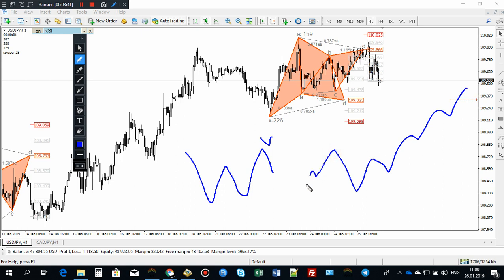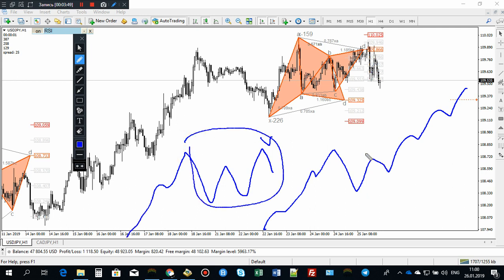So your eyes simply will skip this pattern in the market context. You see, this pattern is easily identified, and this pattern is very difficult to identify. You see the difference? That's why your backtesting results, if you backtest manually, relying on your eyes, will have more winners than losses.